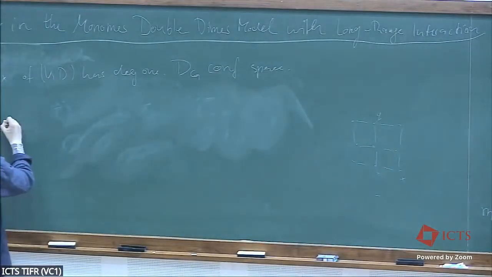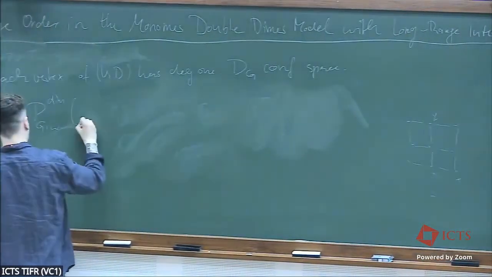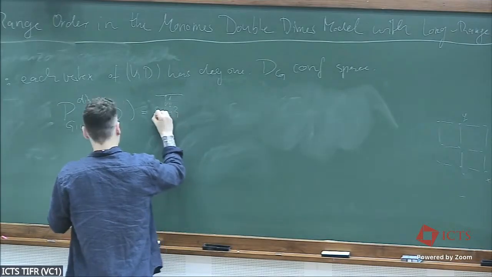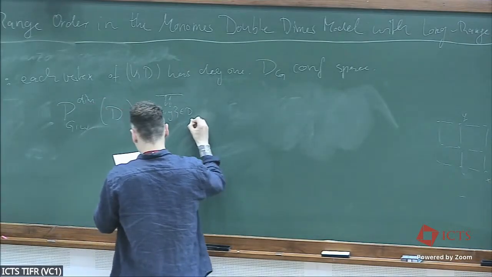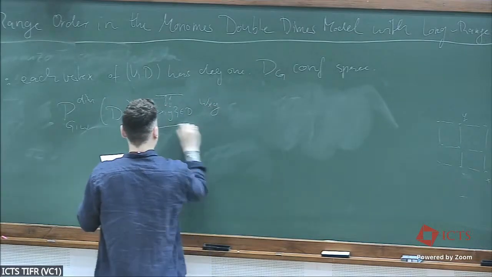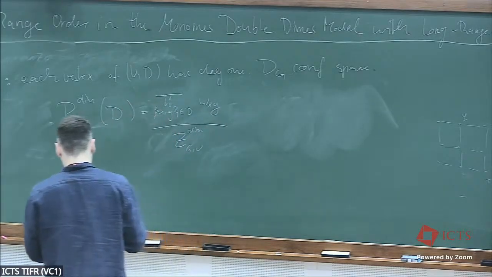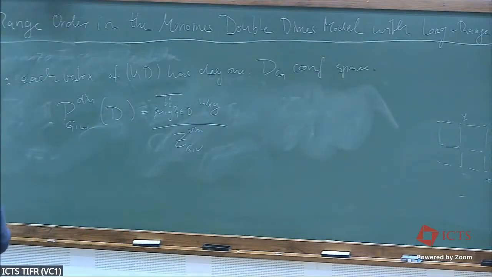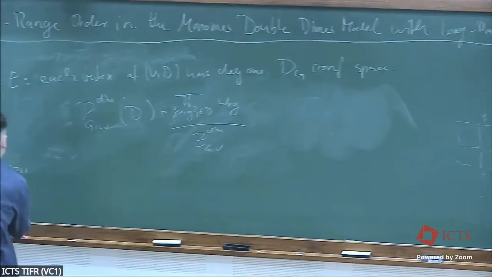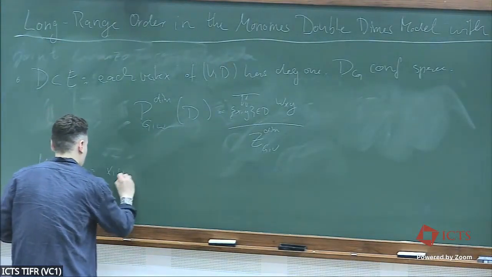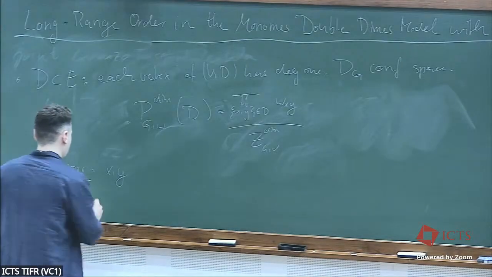So the probability measure reads like this: it is just the product over the edges of the weight divided by the partition function. And then we also have a monomer correlation function. This monomer correlation function is where you fix 2 points, x and y, and these 2 points you freeze.